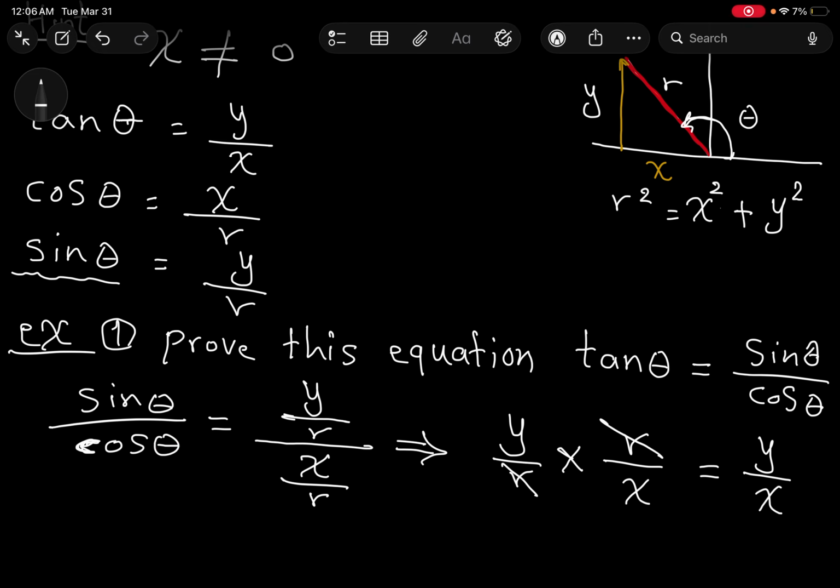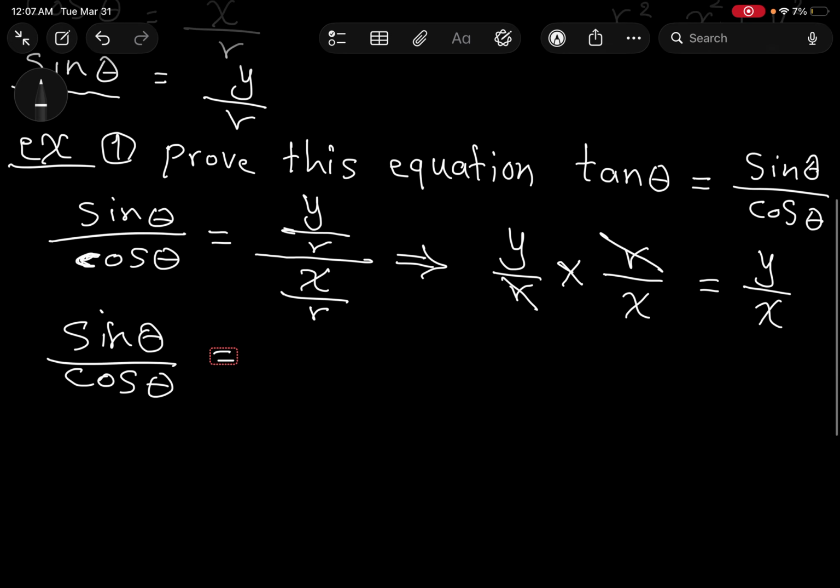Y over x is the final result. So sine theta over cosine theta equals y over x.